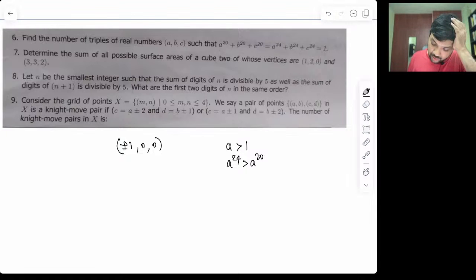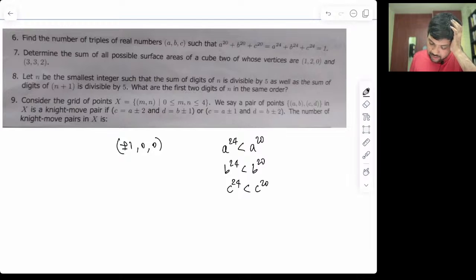So none of them can be bigger than 1, all of them should be at most 1. But if all of them are strictly less than 1, then a power 24 is less than a power 20, and b power 24 is less than b power 20, and they are positive because they are even powers. So the sum will be strictly less, which contradicts the equality.